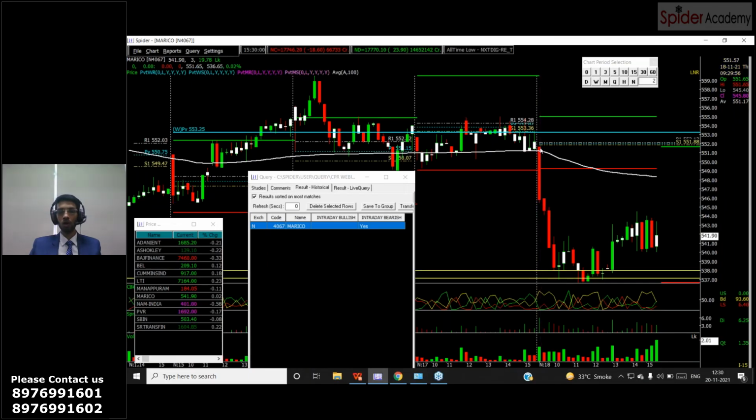You can see this is a long candle, but when you click on that candle, I get the difference as 6.25 paisa, which means this candle's high to low is 6.25.